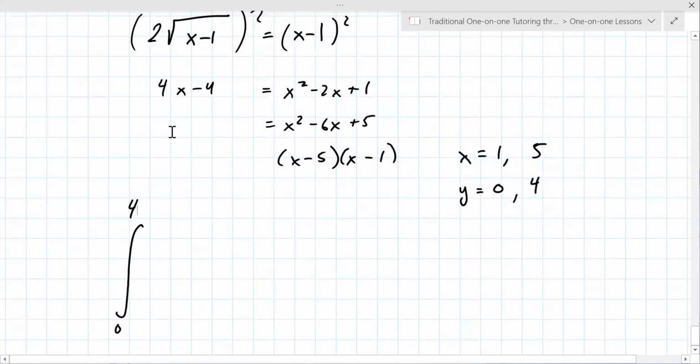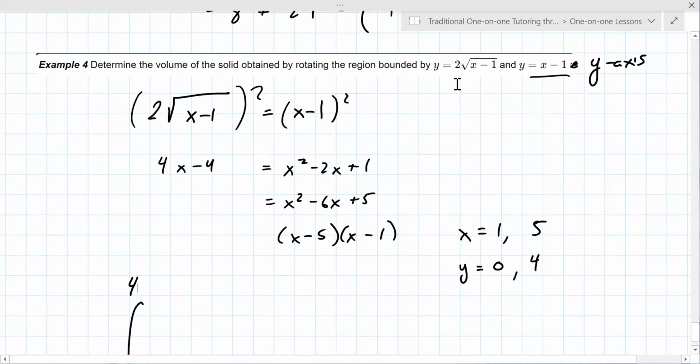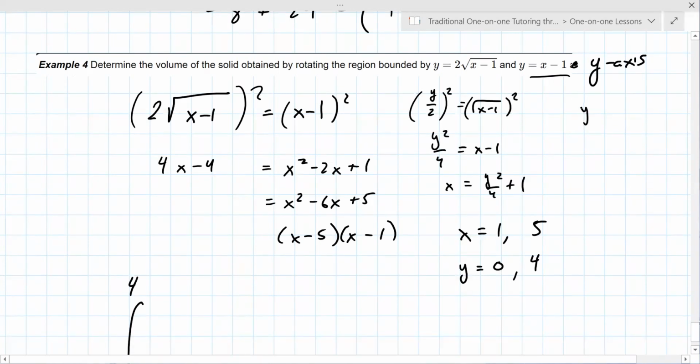So you actually need to solve both of these for x. So this is y over 2, then you square it, equals root x minus 1 squared. So you get y squared over 4 equals x minus 1. x equals y squared over 4 plus 1. And this other one's a little better. It's x equals y plus 1.